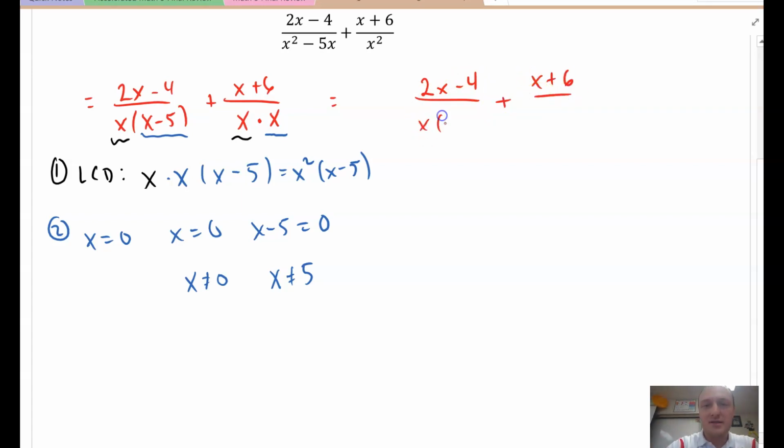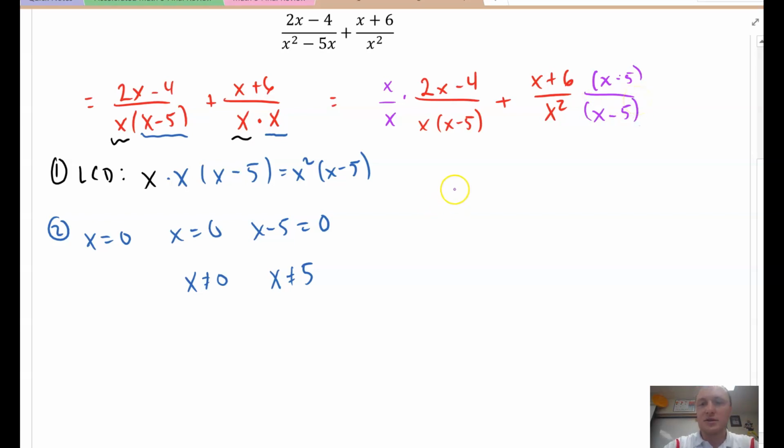So, x squared times x minus 5. Notice how in our first expression I'm missing an x, so I have to multiply by an x and another x. This expression over here, I'm missing the x minus 5, since I have the x squared, so I'm going to go ahead and introduce x minus 5.